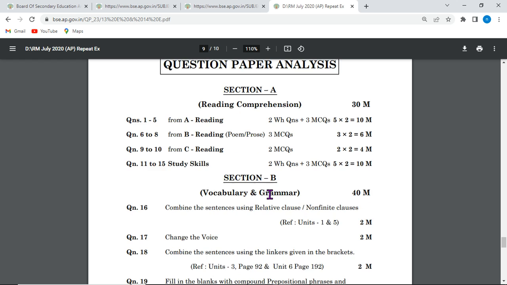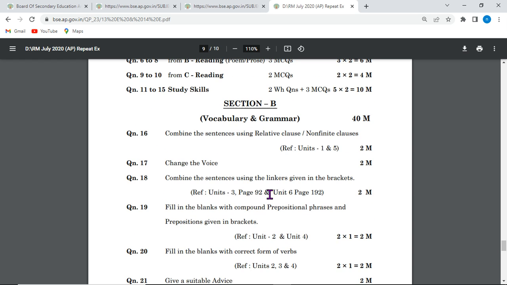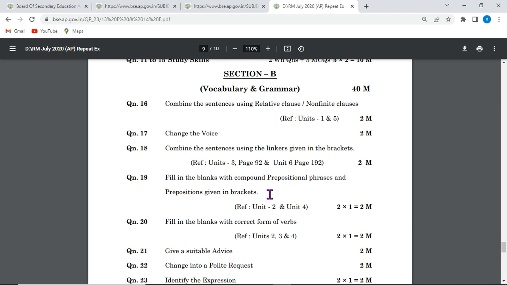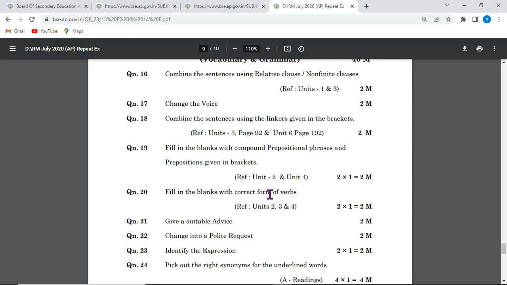Section B, we described all the grammar points. So look at this page and note down the important grammar and vocabulary topics. And here the important thing is to refer to the units also prescribed. So you can say that these grammar and vocabulary items will be extracted from these specified units.